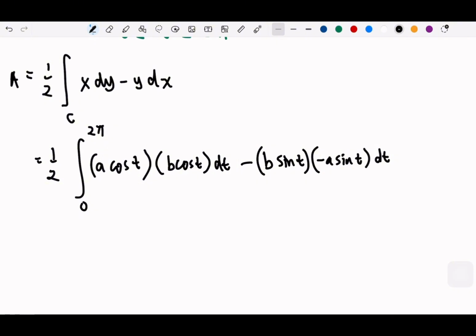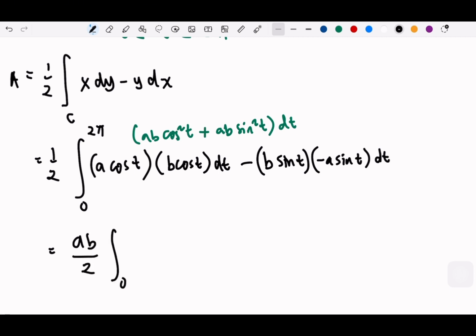So we can solve this, and we get ab cosine squared t, and the negative becomes plus ab sine squared t, and this will be dt. Cosine squared and sine squared become 1 when we add. So this is only ab, and ab is a constant, so ab over 2 integral of dt, which is just 2 pi. So the result will be pi ab.